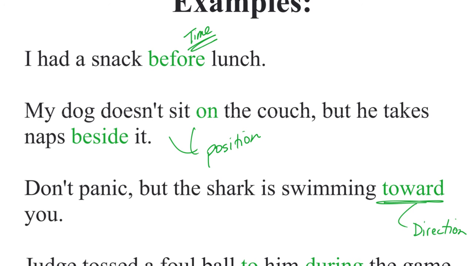Judge tossed a foul ball to him during the game. So to, direction. During, time. So prepositions indicate how the things in a sentence relate to each other, either temporally, meaning time, or how they relate to each other physically.